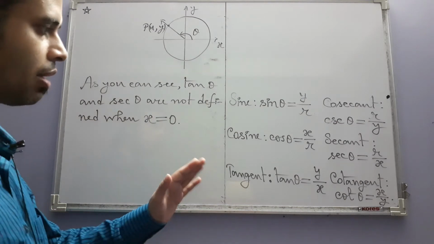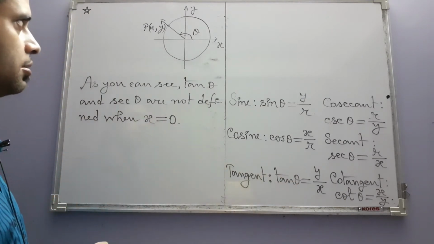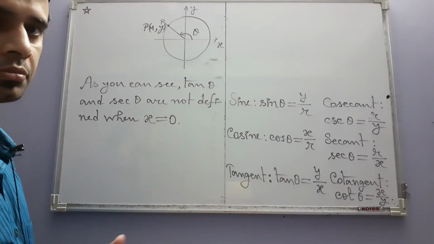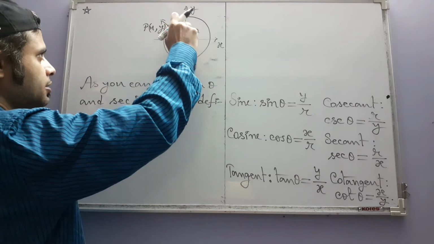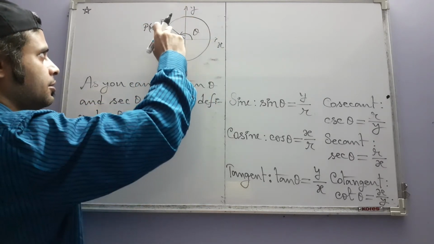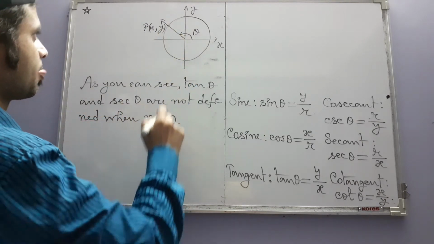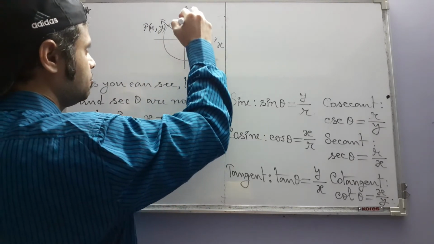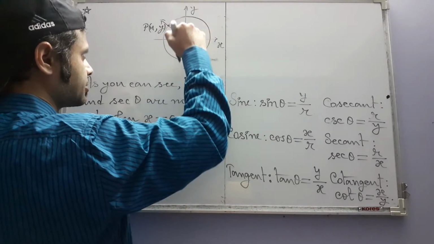Now, what is the relationship between theta and x being 0? X is the x coordinate of this point where this terminal ray intersects the circle. So this x coordinate will become 0 when it lies on the y-axis.